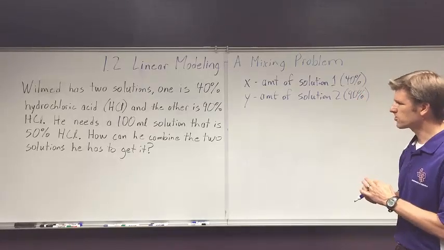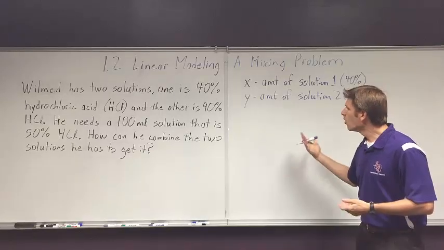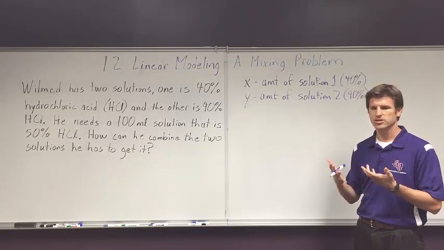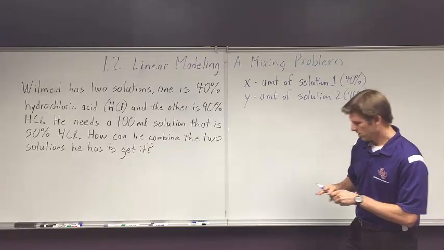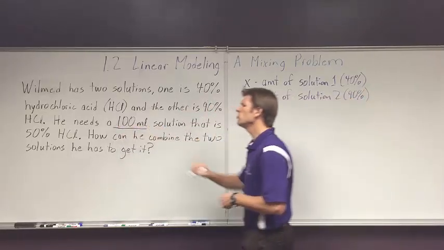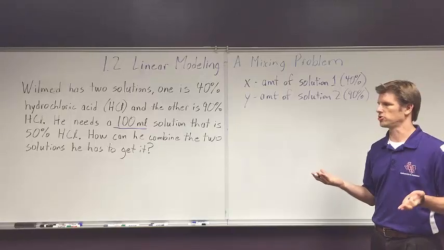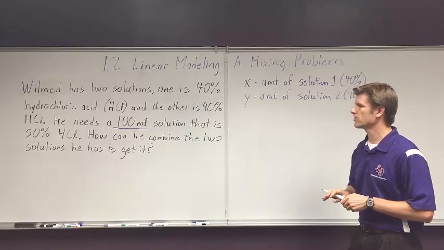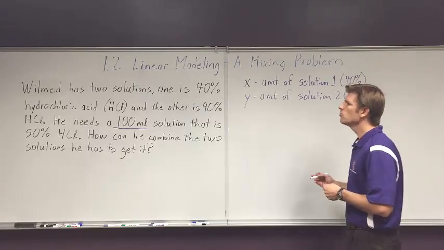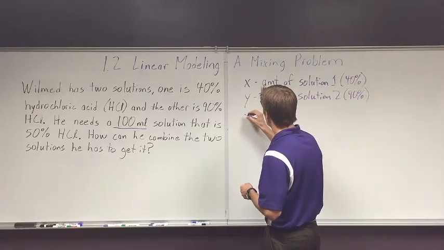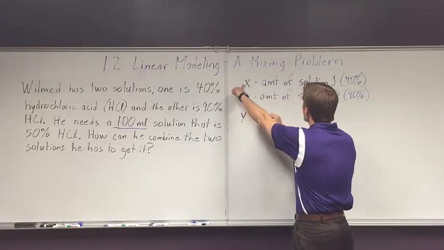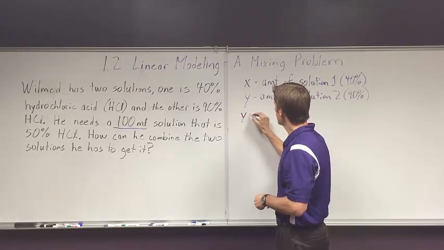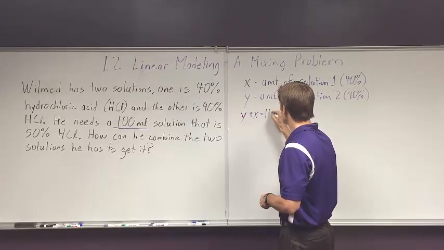Now, since I've got two variables I'm looking for, I need to think about two equations that might relate them. There's usually a really simple equation that involves the total amount. Since the total amount is 100 milliliters, if you had x amount of solution 1, then y plus x is supposed to equal 100.